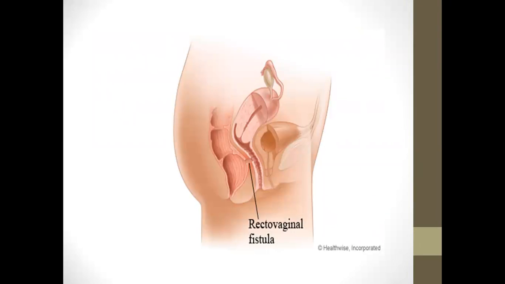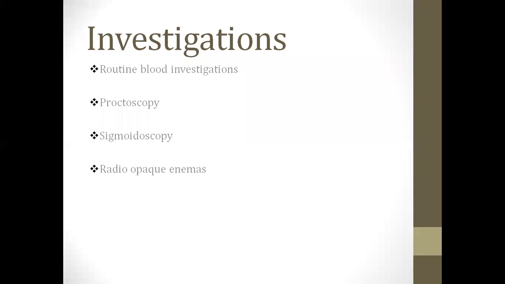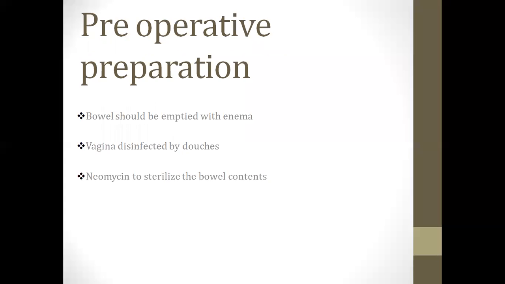This is a rectovaginal fistula. So there is a communication between the rectum and the vagina. The patient passes feces through the vagina. Investigations are routine blood investigation, proctoscopy, sigmoidoscopy, radiopaque dye enema.